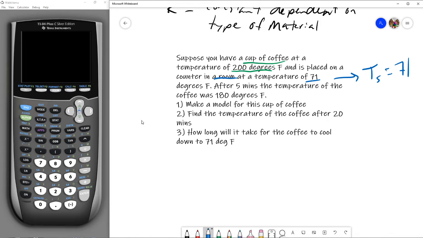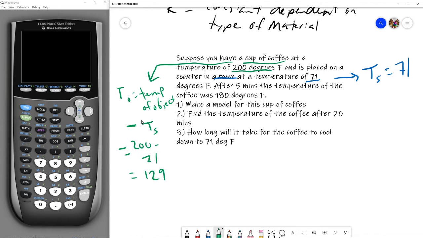Now, this 200 here is related to T naught, but it's not equal to T naught. Remember we said T naught is equal to the temperature of the object minus the surrounding temperature. So that means that T naught is going to equal 200 minus 71, which is equal to 129. Alright.